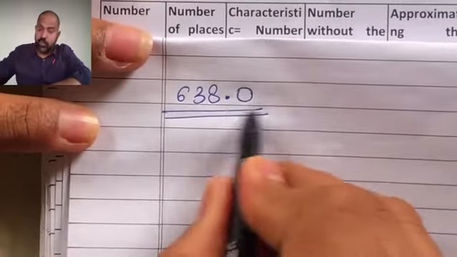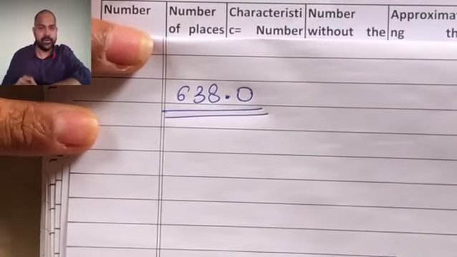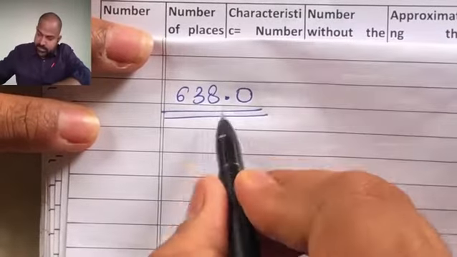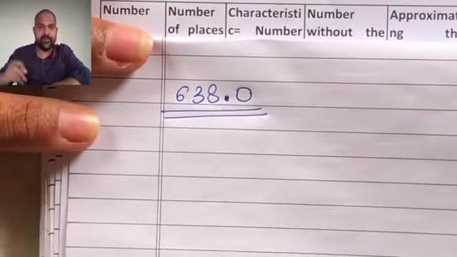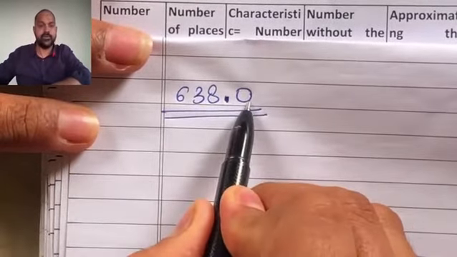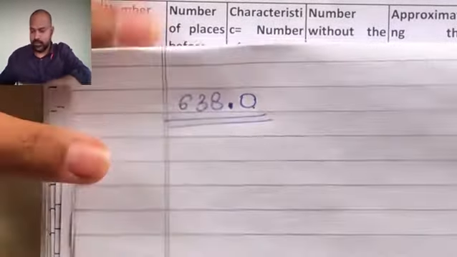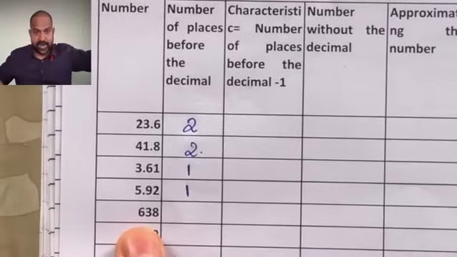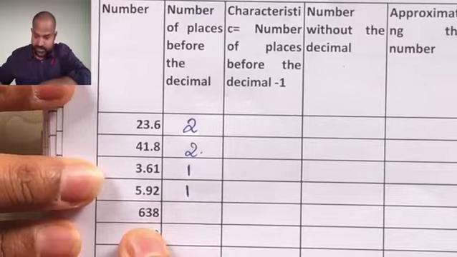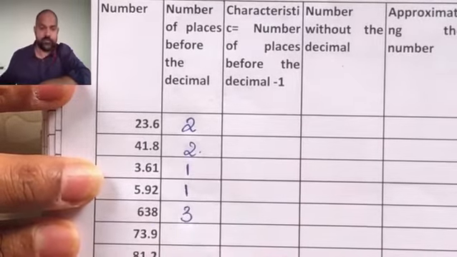Because there is a 0 after the decimal, we don't write it. So where is the decimal? If there is no decimal, which means the decimal is here at the end. So if the number is 638, it is actually 638.0, which means there are 3 places before the decimal.